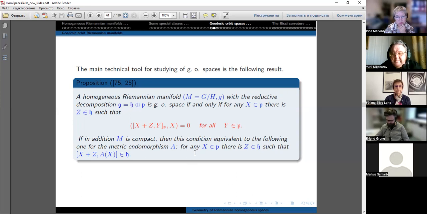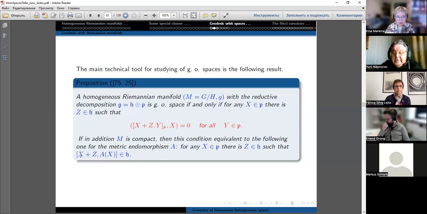This is the property: for any x from p, there is z from h such that x plus z, bracket with A of x, is in h. Okay, it's more or less clear.